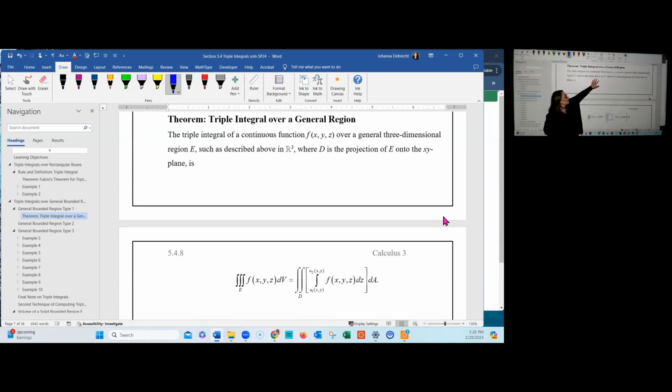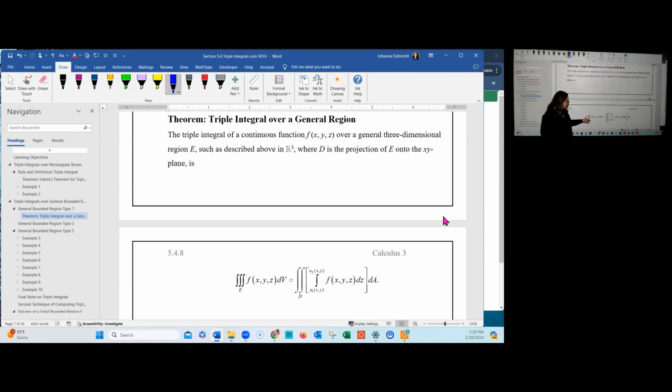Such as described above in R3 in the picture when we had E, where D is the projection of E into the XY plane. So we've got a light shining either down the z-axis or up the z-axis, casting a shadow into the XY plane so that the widest part of our solid casts that shadow.